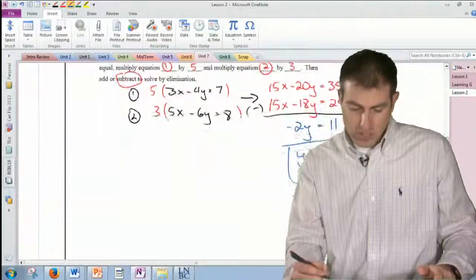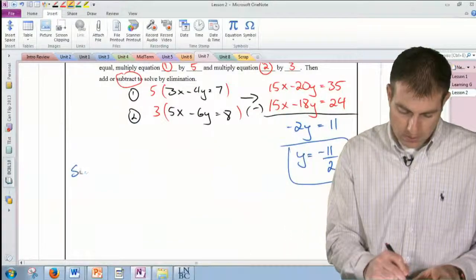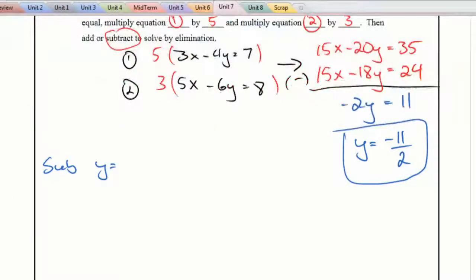So what we need to do now is substitute y is negative 11 over 2 into either equation. It doesn't matter, first or second. The first question we did the first equation, the second question we did the second equation. Maybe we'll go back to the first equation this time.